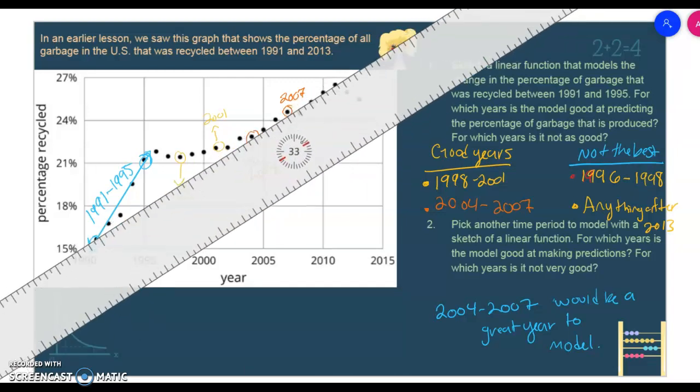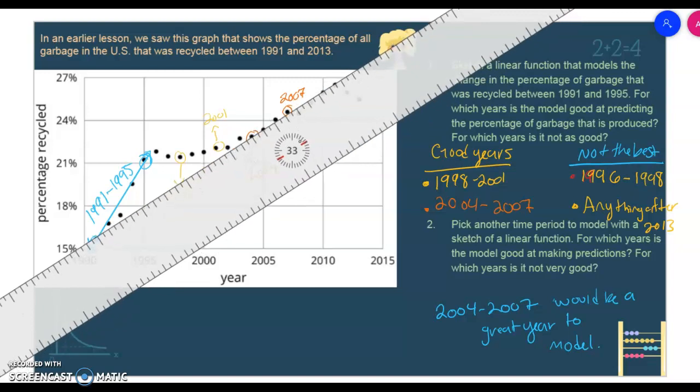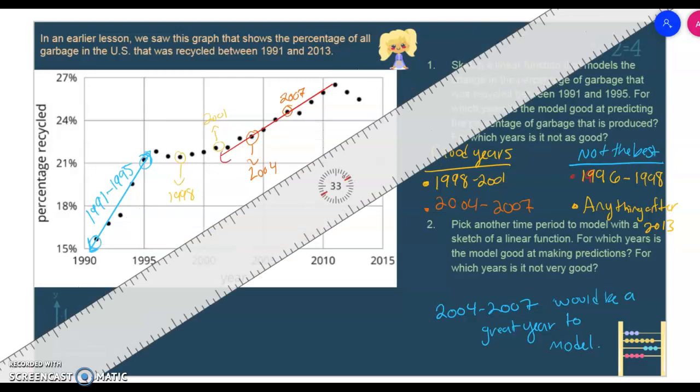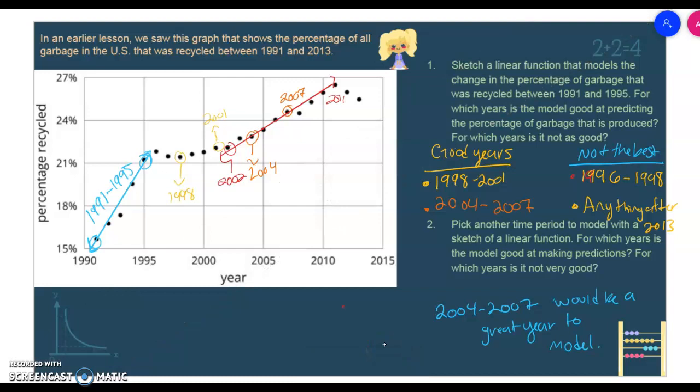You could have chosen a different one. Honestly, I could have started all the way down here at 2004, 3, 2, and went to 2011. That would have been a good one too. So, which years are not very good, we just said up there. Anything after really 2013 would not be the best.